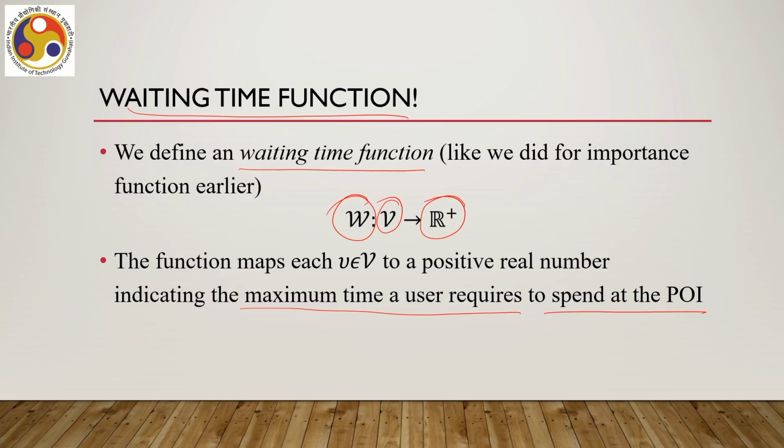So now we have two quantities associated with each node: one is importance, the other one is the waiting time.